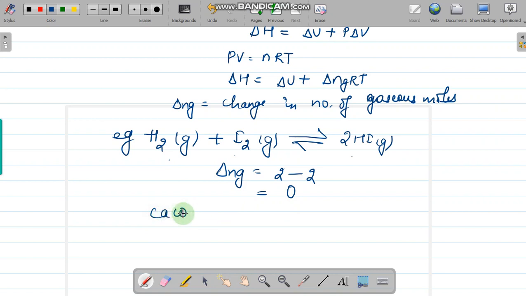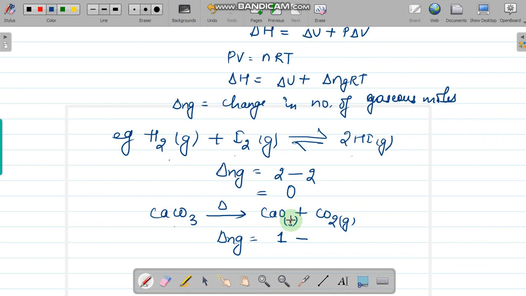Suppose another example: calcium carbonate, when we heat it, gives calcium oxide and CO2. So what is the change? Over here we have 1 mole of CO2 in gaseous form, while the others are in solid state.